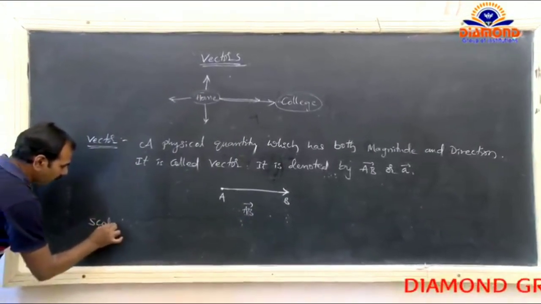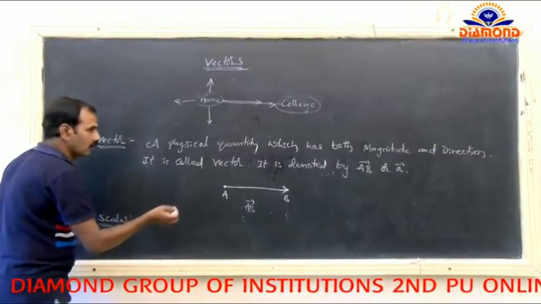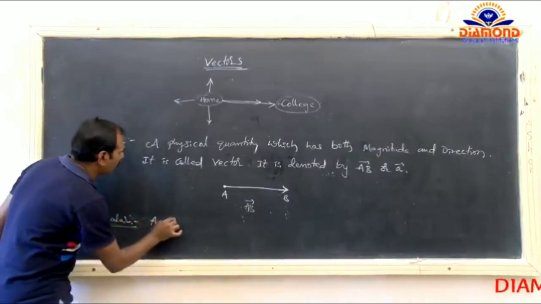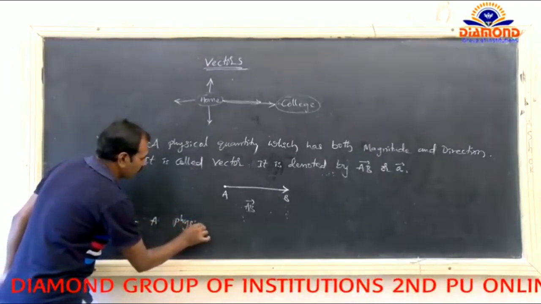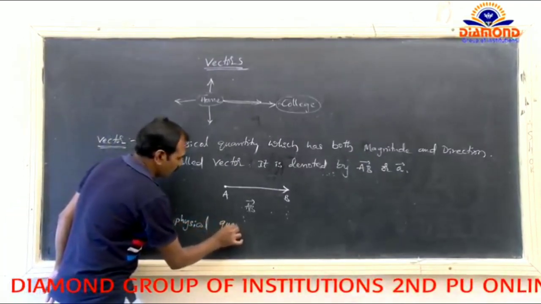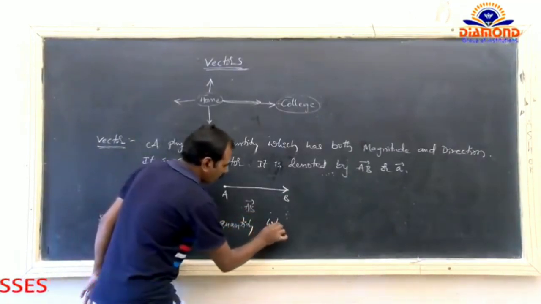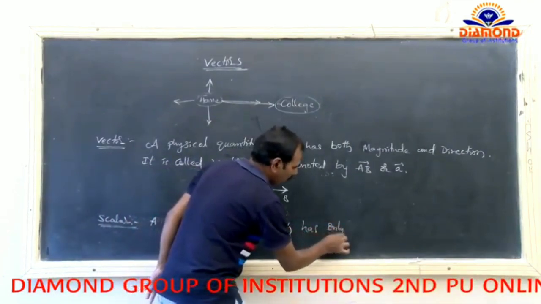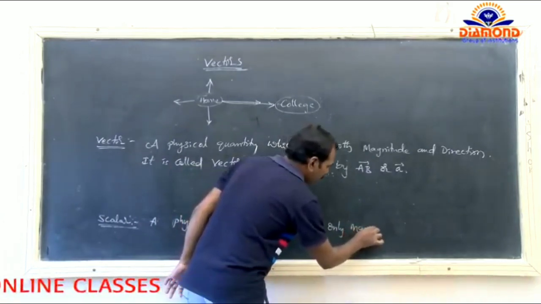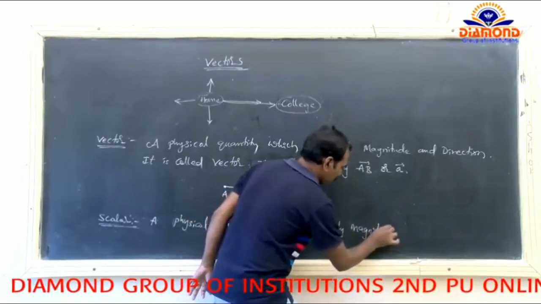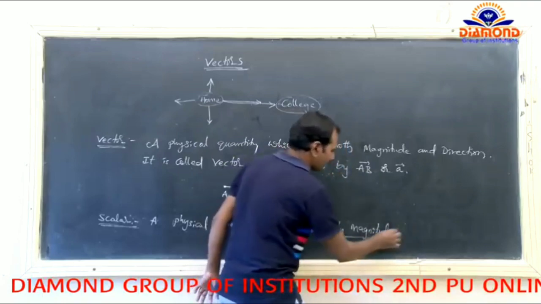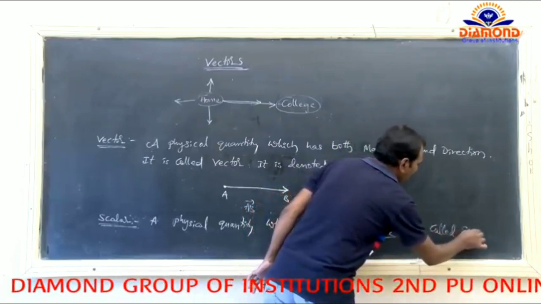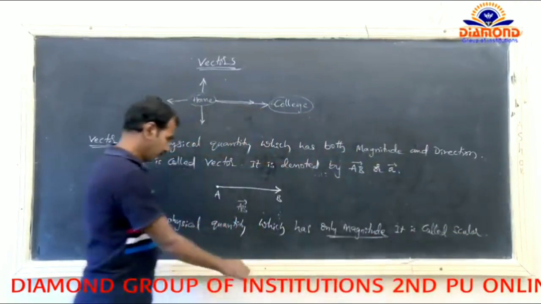Next, scalar. Scalar means a physical quantity which has only magnitude. It is called a scalar.